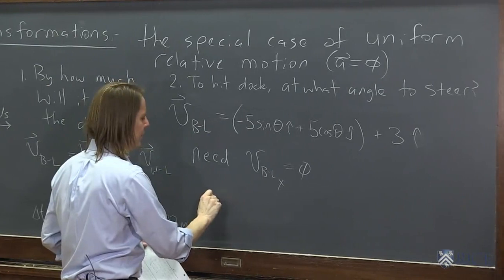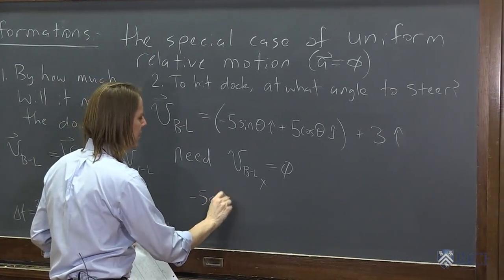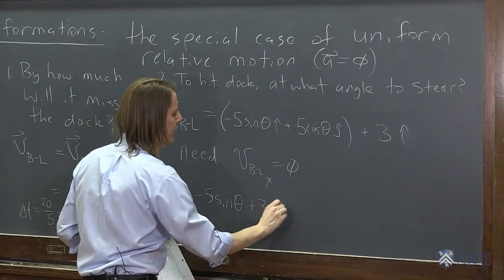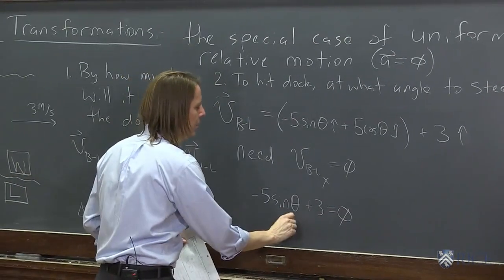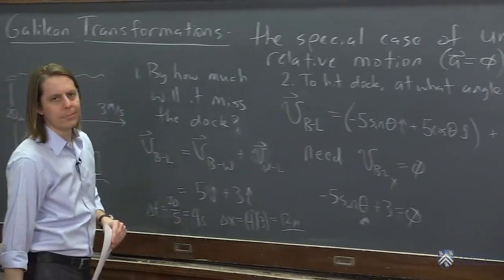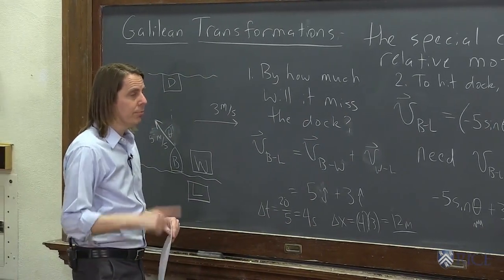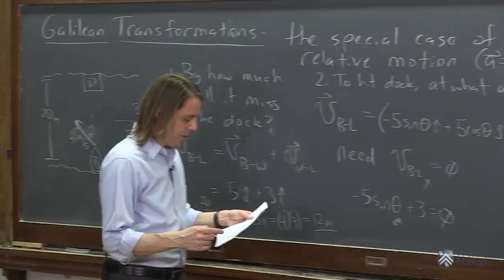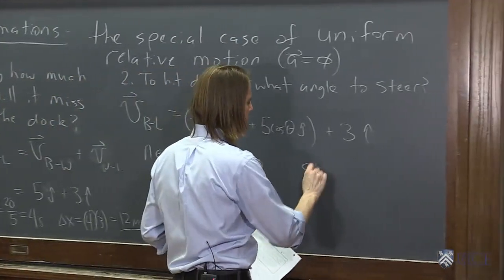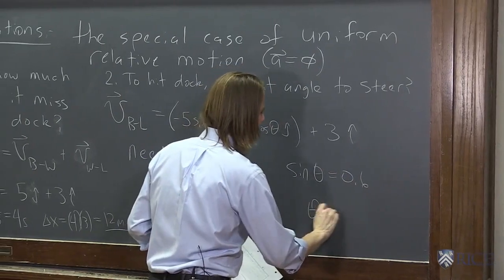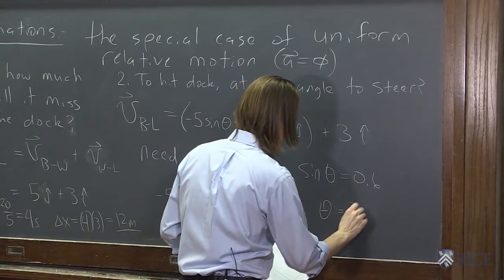It's minus 5 sine theta plus 3 has to equal 0. And the only unknown is theta. So sine theta equals 3/5. Sine theta equals 0.6. And theta then, if you take the inverse sine, is 36.9 degrees.